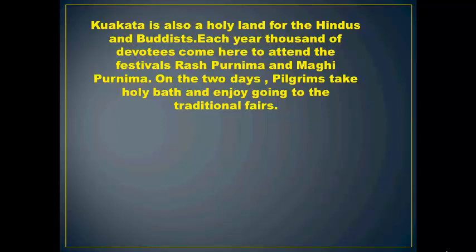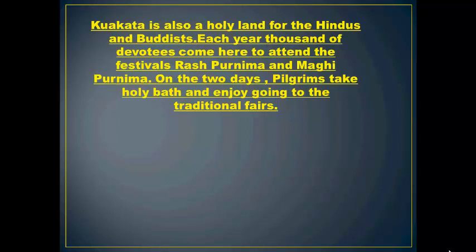Each year, thousands of devotees come here to attend the festivals Rash Purnima and Maghi Purnima. On the two days, pilgrims take a holy bath and enjoy going to the traditional fairs. Please read the sentences with Bengali meaning and find out the complicated words and try to understand the lesson clearly.